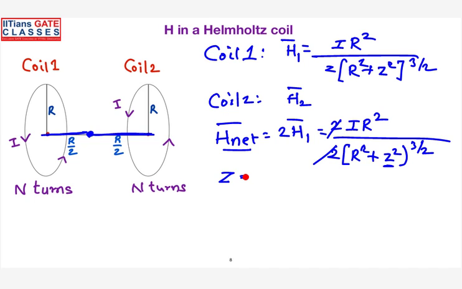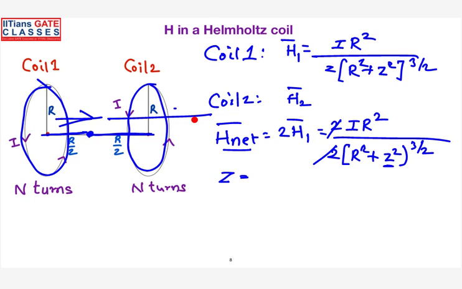No, I told you, right? You look at the direction by placing your right hand. Assume that the encircling movement of your fingers matches each coil's current direction. Then your thumb is pointing in the same direction. The same rule is applicable for coil 2 also, because coil 2 also carries the current in the same direction. So the magnetic field is also pointing in the same direction.